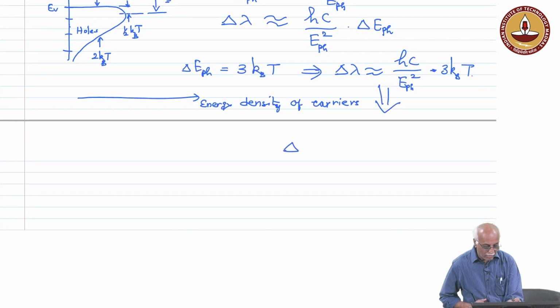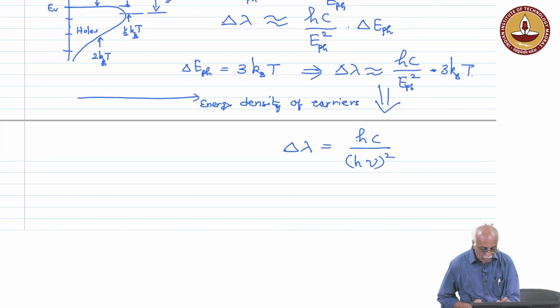Now I know E_ph is nothing but h nu, so h will get cancelled, and nu is equal to c by lambda. So delta lambda is h c over h nu squared, into 3 k_B T.